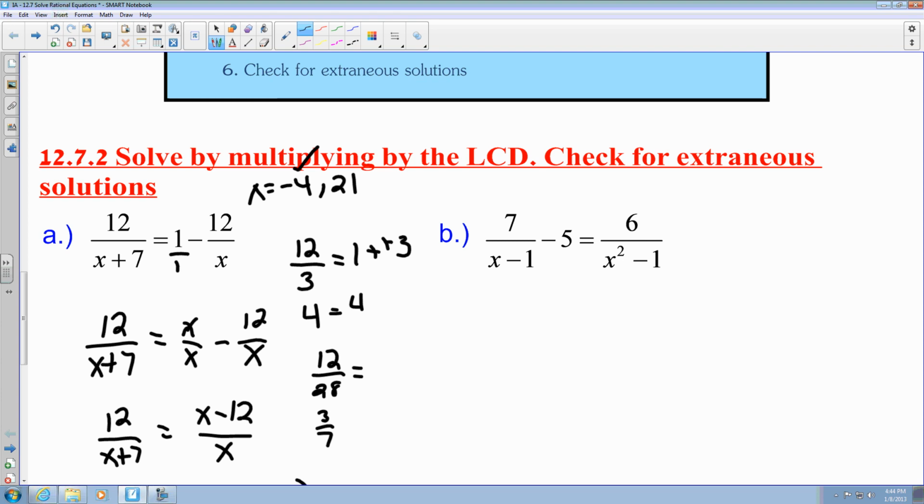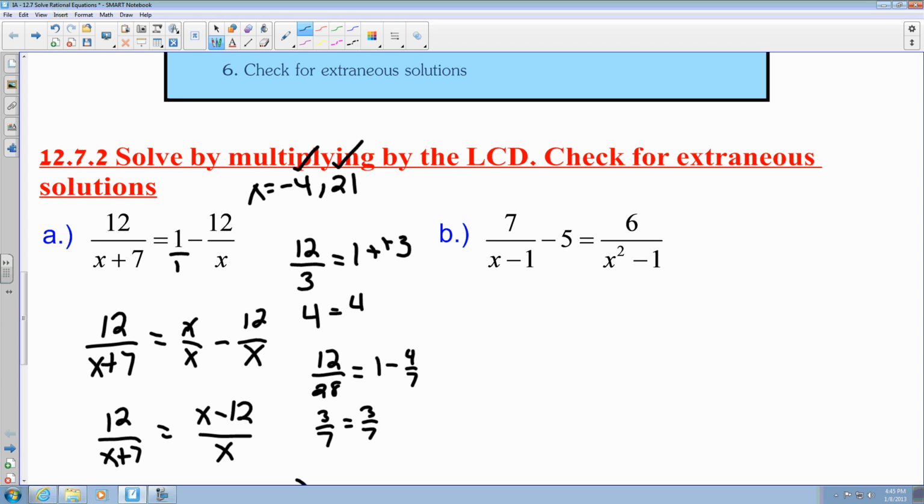So now if I look at the right-hand side, I got 1 minus 12 divided by 21, which ends up being 4 over 7. And 1 minus 4 divided by 7 equals 3 over 7. So those hold true. So both values hold true.